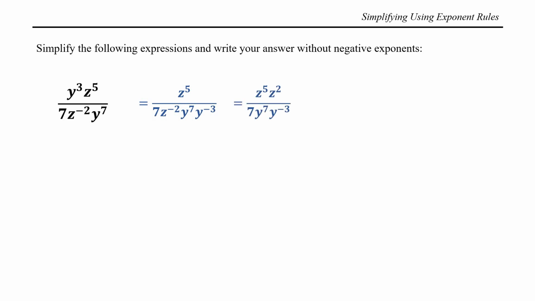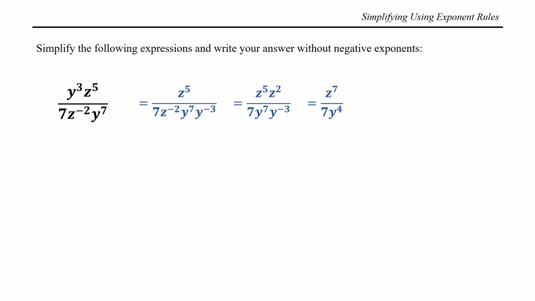Once we have done both of those steps, we would have z to the power of 5 times z squared over 7 times y to the power of 7 times y to the negative 3. And using the product rule, we would combine these exponents because both our z's and y's now have the same bases. So we'd have z to the power of 7 over 7 times y to the 4th.